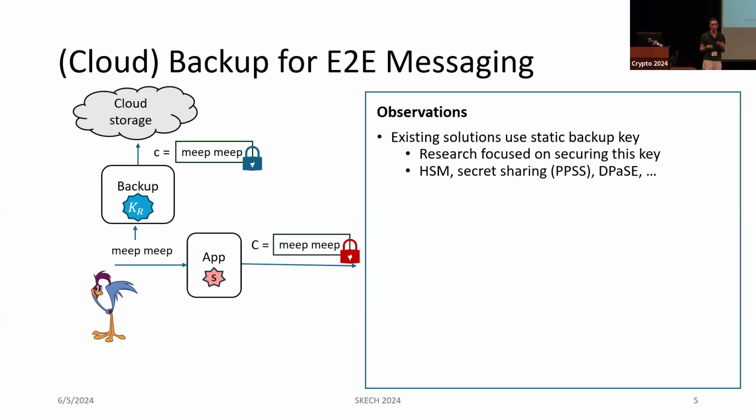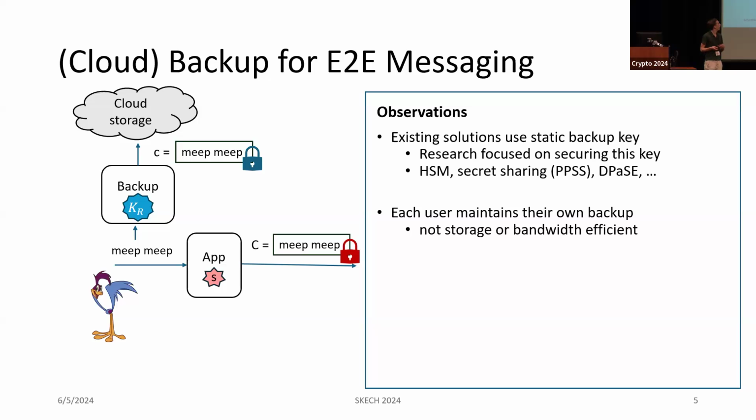So for instance, you could derive it from a password or do stuff like this. Second, as I've already alluded to, each user maintains their own backup. So this is quite inefficient in terms of both storage and bandwidth. If you have a large group with a couple of thousand users and each backs up the exact same message to probably the same cloud provider, couldn't we do better?